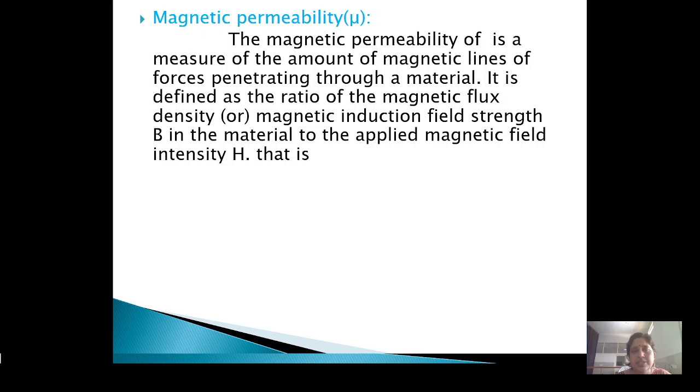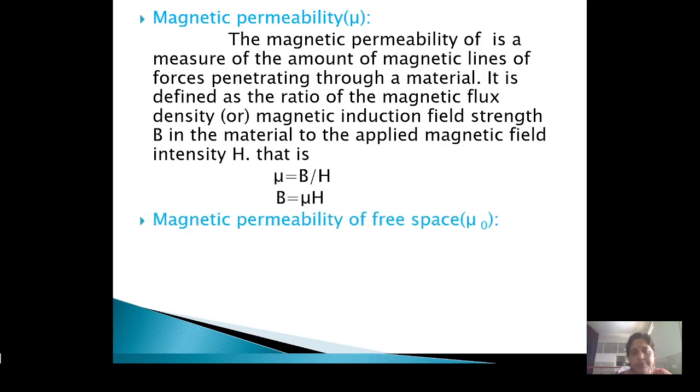It is defined as the ratio of the magnetic flux density B in the material to the applied magnetic field intensity H. So B by H is the permeability. Mu is equal to B by H, so B is equal to mu H.